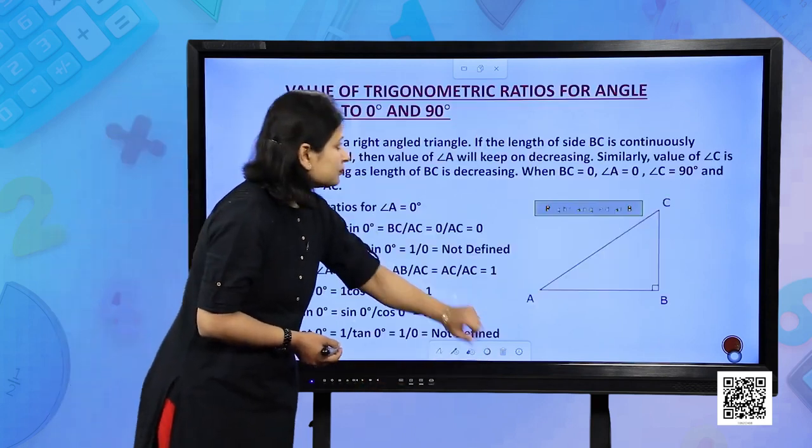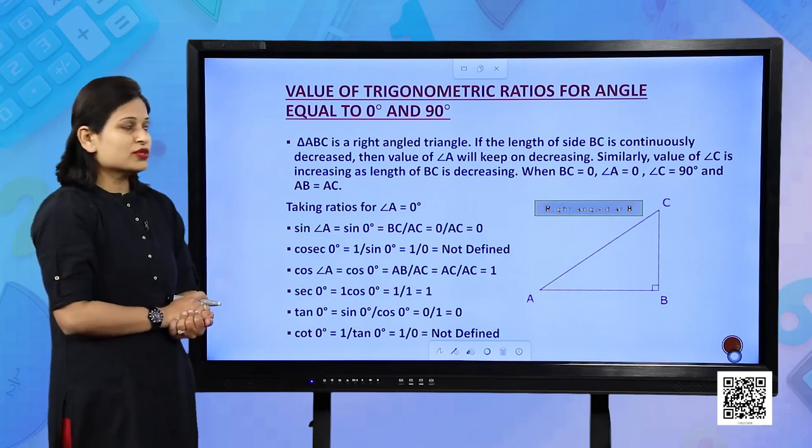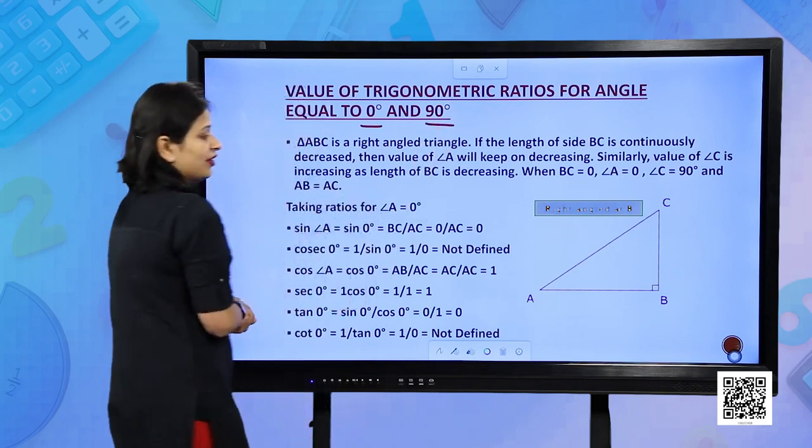So, now we are going to discuss the value of trigonometric ratios for angle equal to 0 degree and 90 degree.